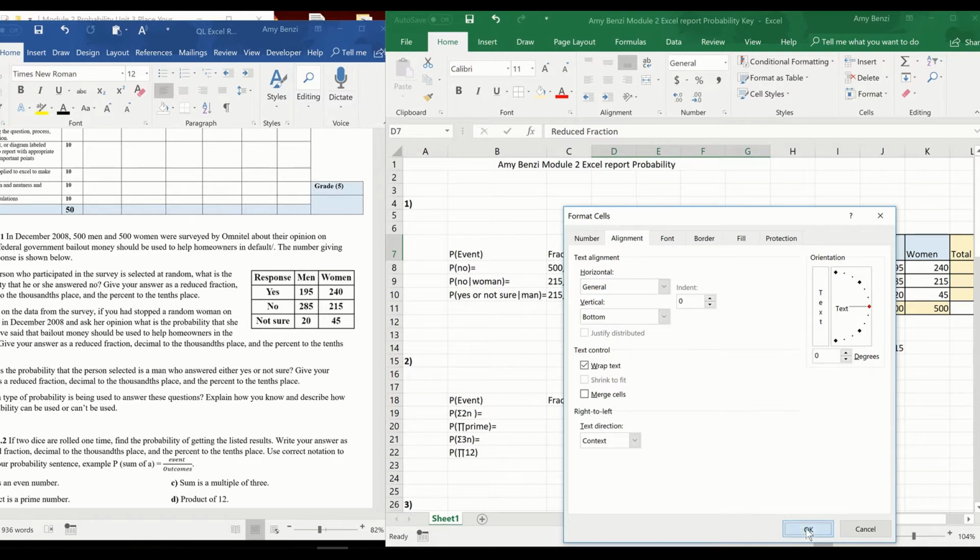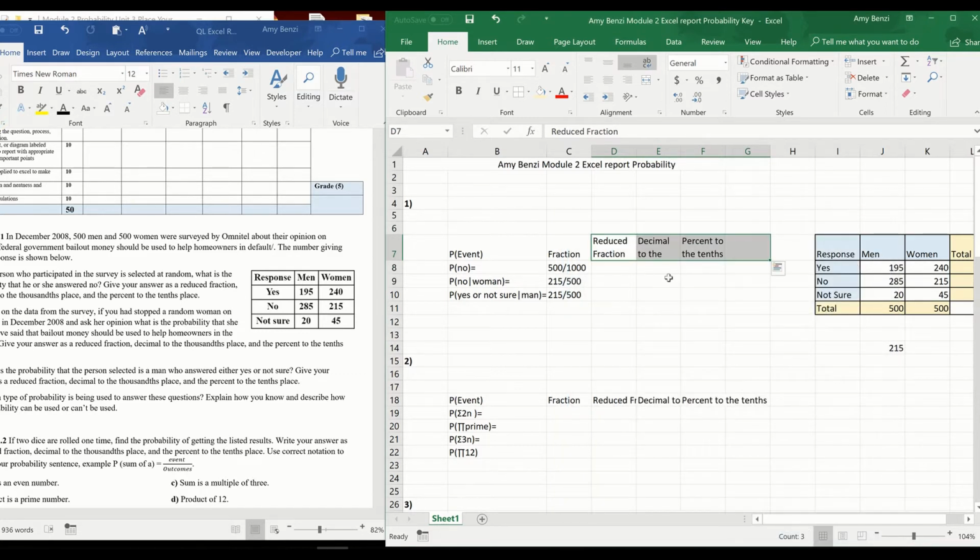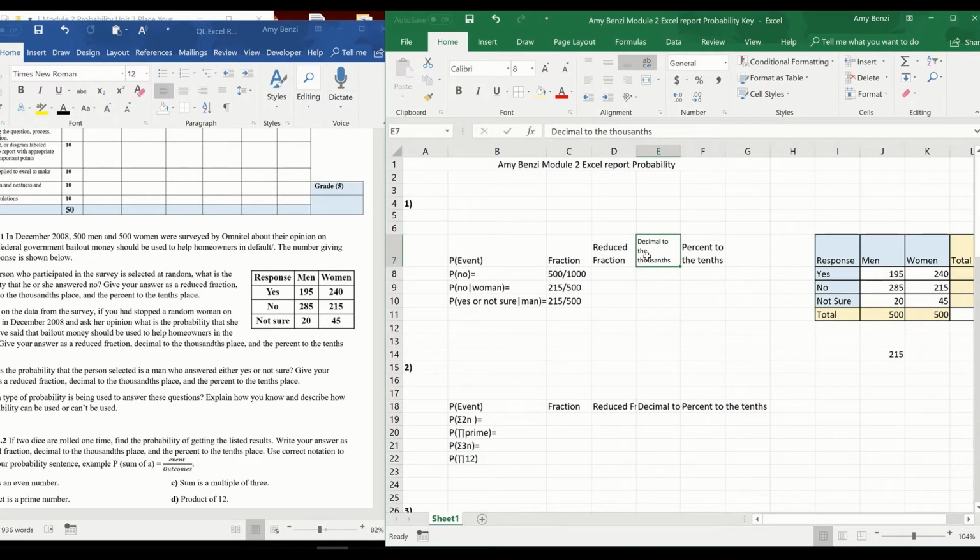So we'll just wrap the text, hit enter, and I still don't have decimal to the thousandths place, percent to the tenths, and when I said I would shrink to fit myself, that's exactly what I'll do. So I'm going to go ahead and make this an 8 font and widen this just a little more. And I also just think that all of this would look better if it were centered. So now I have that.